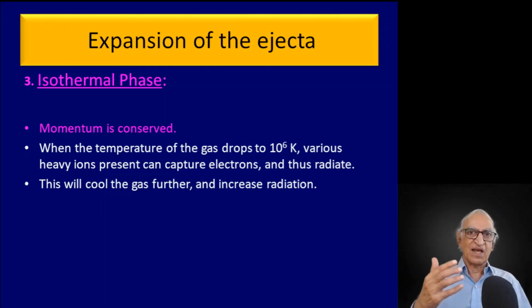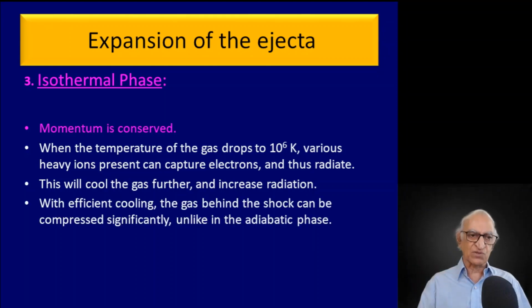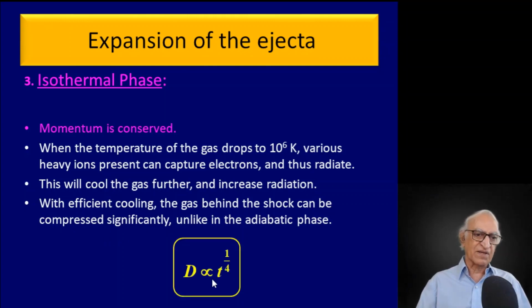And as the gas cools, it will get more compressed, and it will cool even more, and there will be a positive feedback, and the gas will get highly compressed. And in this phase, just for completeness sake, let me tell you that the diameter of the supernova remnant will be proportional to T to the power 1 by 4.